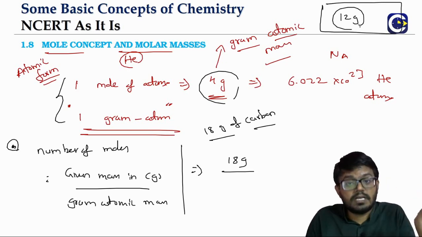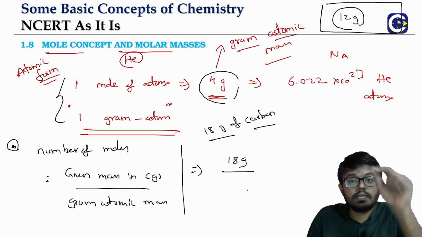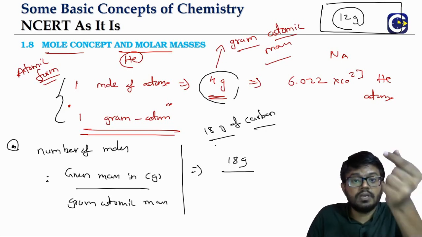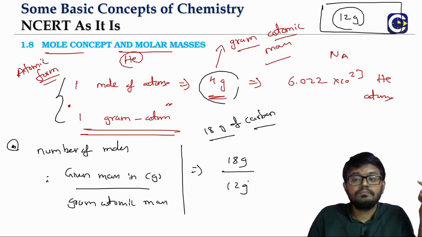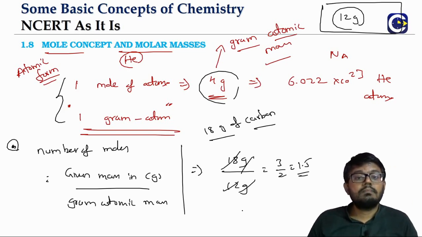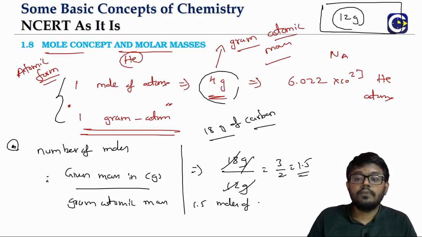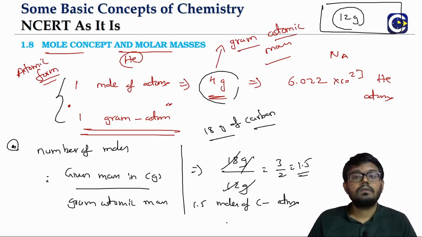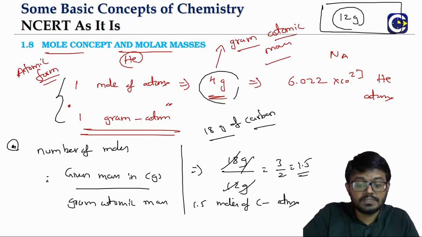Remember, gram atomic mass is numerically the same as atomic mass; the only thing is the unit is grams. Gram gets cancelled, and that is the number of moles of carbon atoms. So we have 1.5 moles of carbon atoms in the 18 grams.